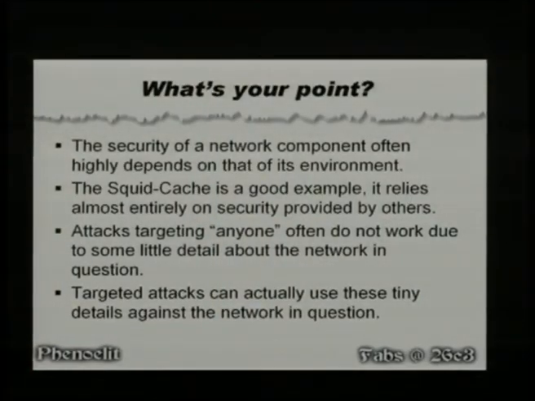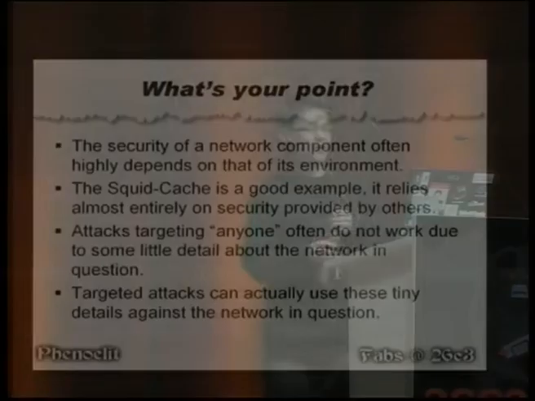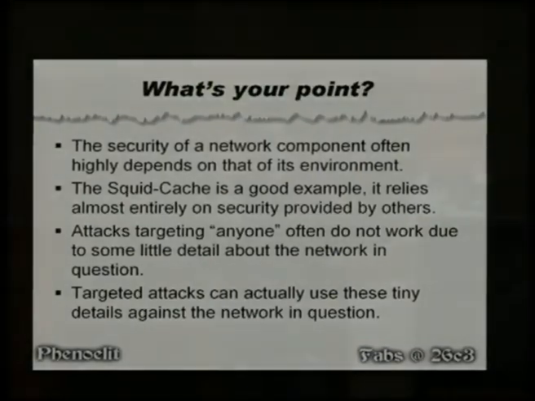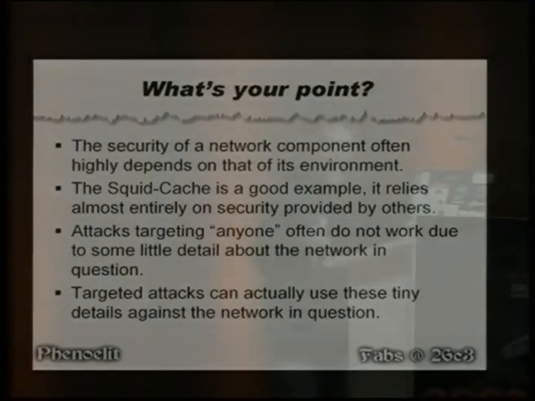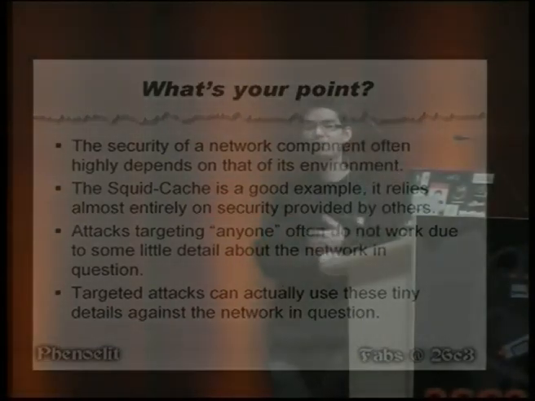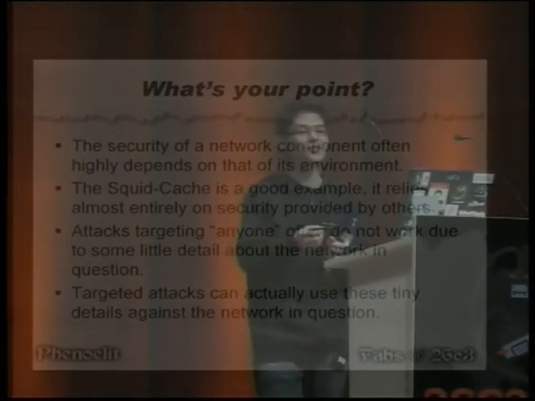So I actually have a point, and I have time to make it. Here's what I want to say. The security of a network component depends on its environment. Squid is a really good example, because Squid basically places all of its security into the hands of other components, other layers, and it then gets exploited because we exploit its environment.